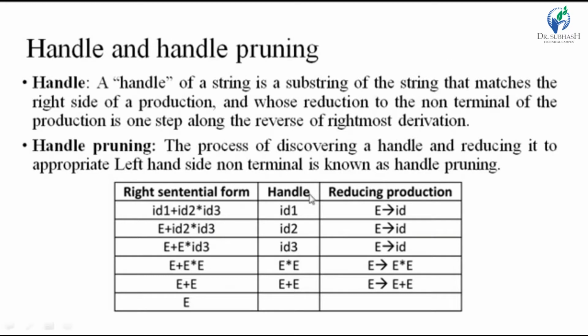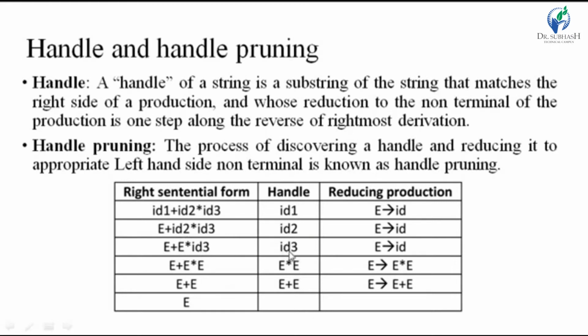So your handle is id1 and the reducing production is E gives id, so this id will be replaced by E. Next, the second handle is id2 and again the reducing production is E gives id. So id2 is replaced by E.